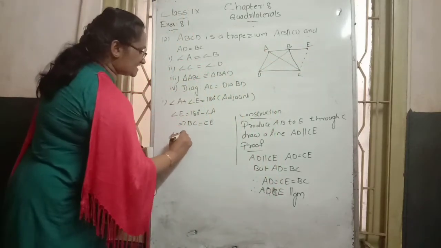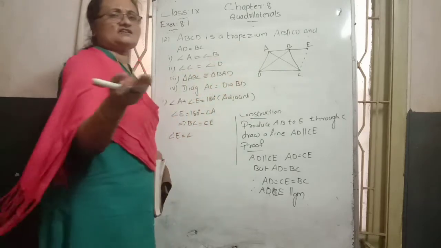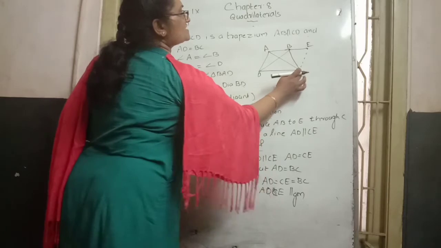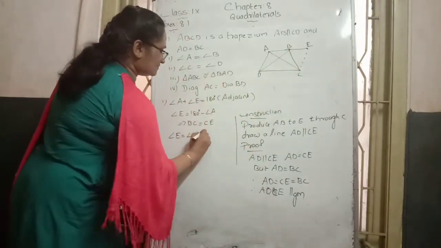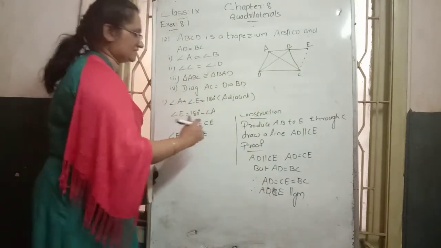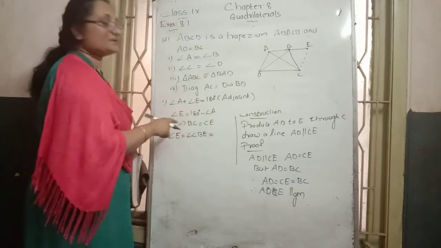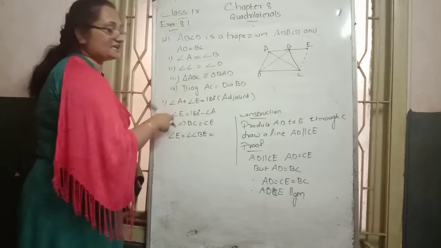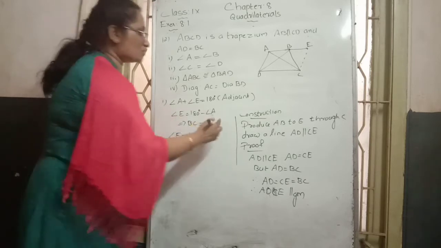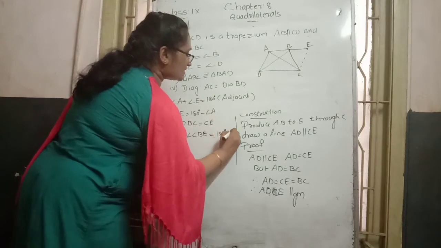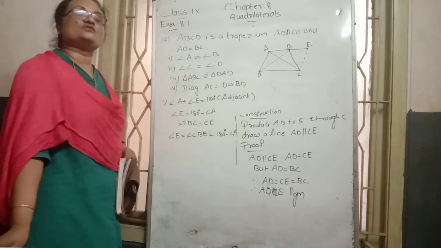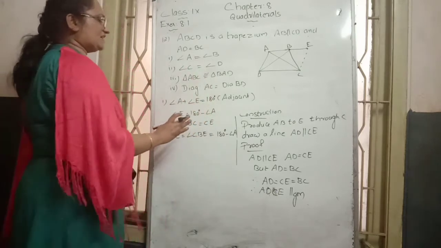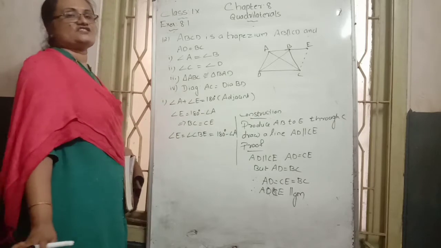So angle E is equal to angle B. Angle CBE, anyhow, is the angle at B. That is also equal to angle E, which is 180 minus angle A. That's why angle CBE also is 180 minus angle A. Both values become the same.